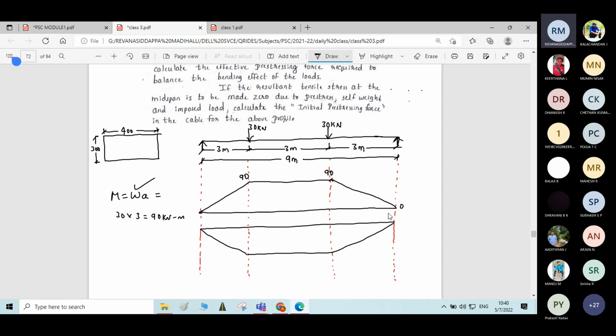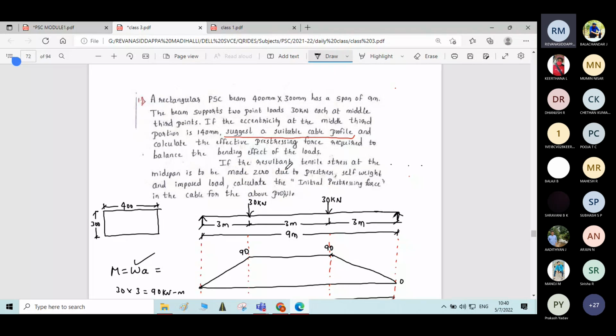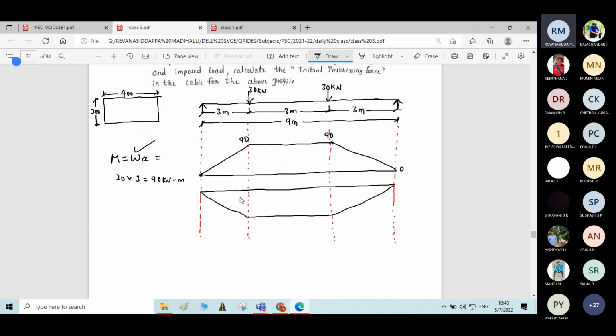So here the eccentricity is mentioned. The eccentricity at the middle third portion is 140 mm. So that eccentricity you can mention here. This is the cable profile.